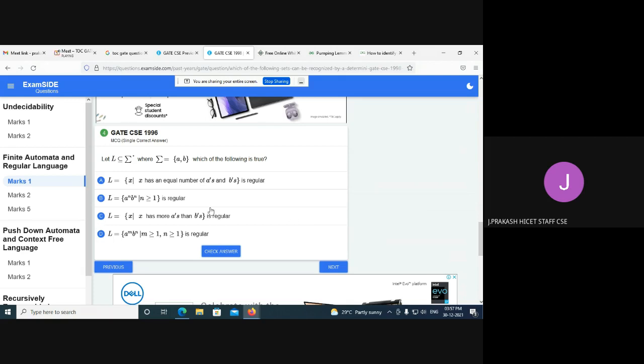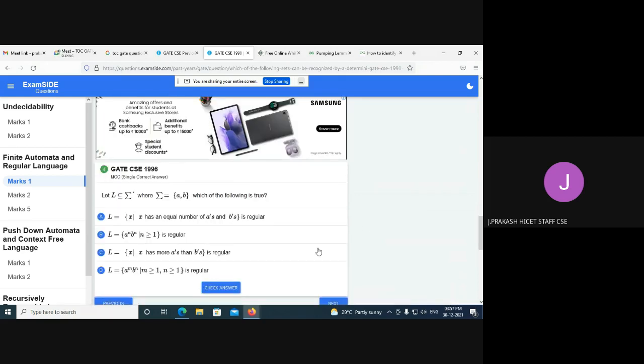I think these questions you have already discussed. யாராவது ஒருத்தர் சொல்லுங்க பார்க்கலாம் கரெக்டான ஆன்சர். Just correct answer.